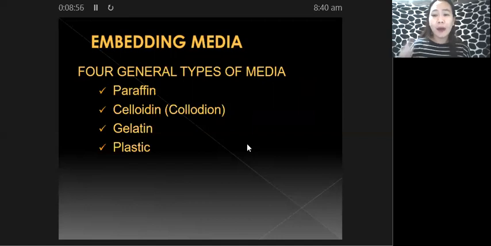Right? Imagine you are cutting something in which the consistency is different. For example, if you prepare gelatin with pineapples or fruit cocktail, I'm sure all of us have eaten gelatin with fruit cocktail.